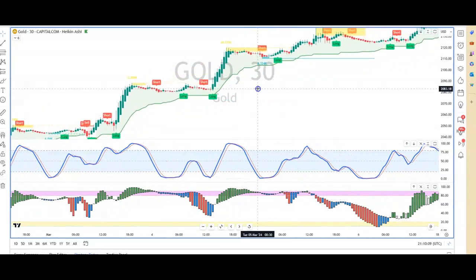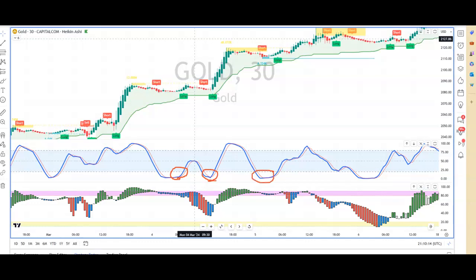The first thing is the trend has to be established, which it would be, of course. But the other thing that I want you to note is the stochastic 14, 7 and 3. I'm going to make some notes here of the swing lows. So you're looking for swing lows on the 30-minute chart.